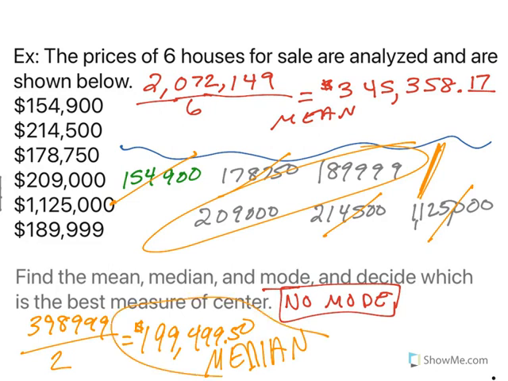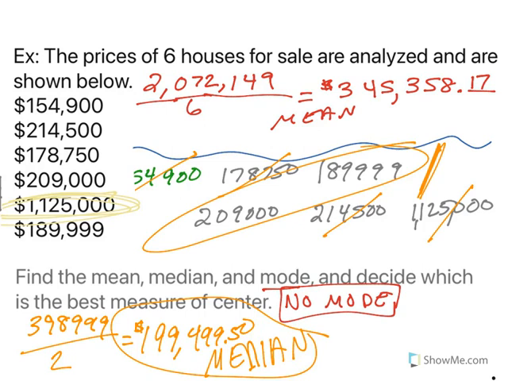Now, if you think back, we're comparing a number of 345,000 to 199,000. Which one of those is the best measure of the 6 house prices we have? If you think about it, we really have an outlier. The outlier would be that $1,125,000 house. All of the rest of them are in the high 100s or low 200s.